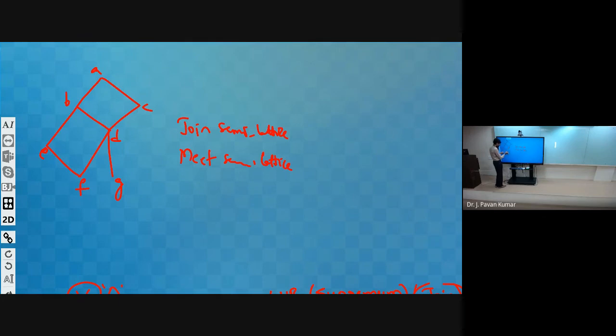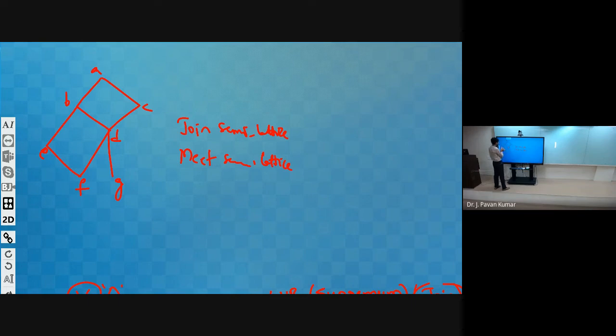Next, F, G. Yes, D is the join. Next, B, C joining A. Next, E, D joining. Any other? D, F we have seen. C, F also joining directly, F is related to C. So we are having a join among all the elements.